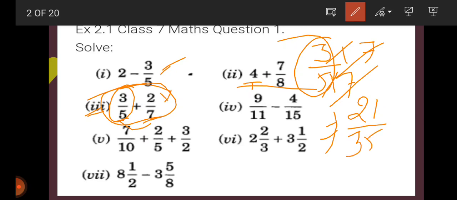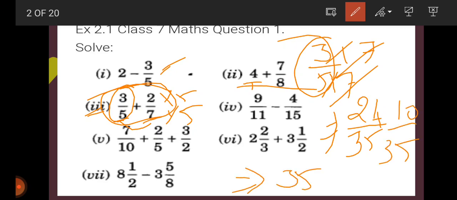Next, here multiply by 5 and here multiply by 5, because 7 times 5 is 35. So plus 10 by 35. The denominator is the same, so now we add 21 plus 10, which is 31 by 35.